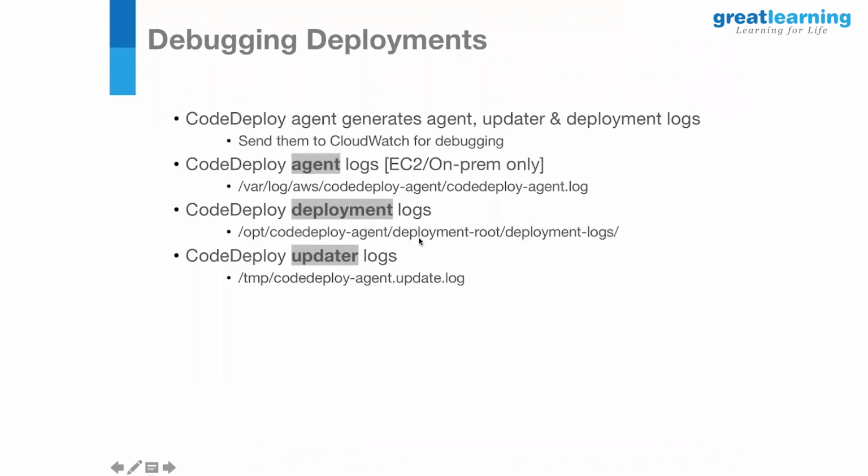So we run a bunch of scripts to do those pre-installation configurations. Anything related to that can be captured in the deployment logs, that is, whatever scripts execute. And the next one is the updater log, and this is very specific to Linux agents only. It contains agent updater status. It may not have much information for us for debugging, but good to know.